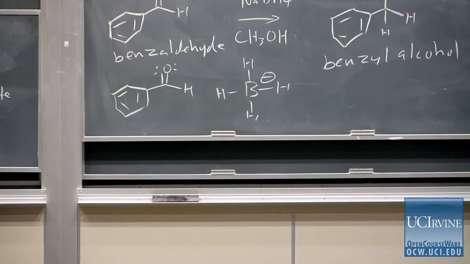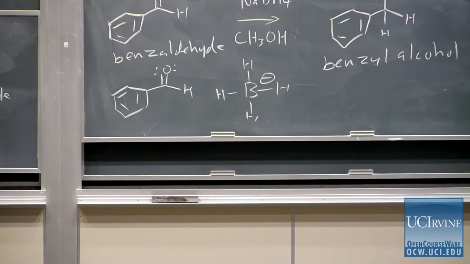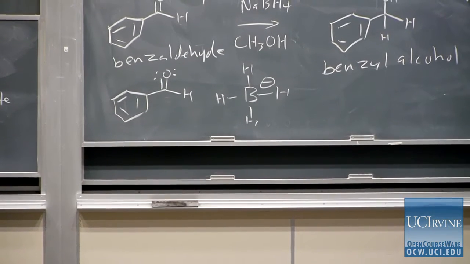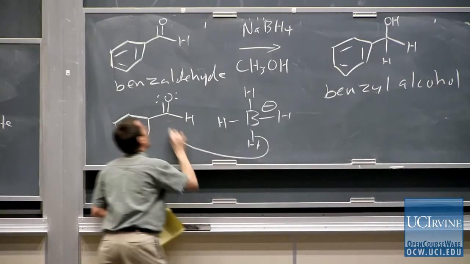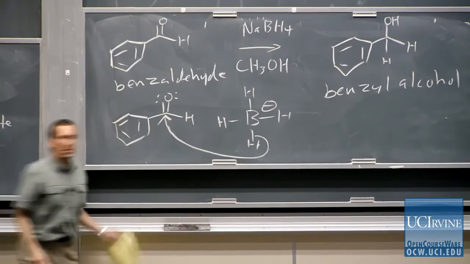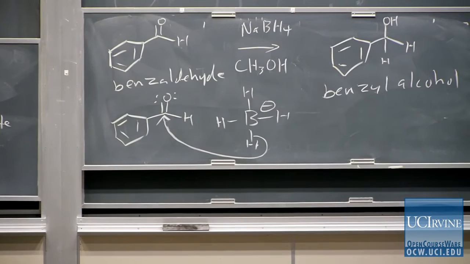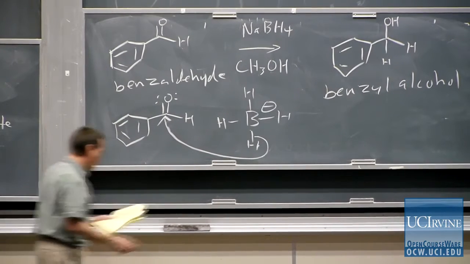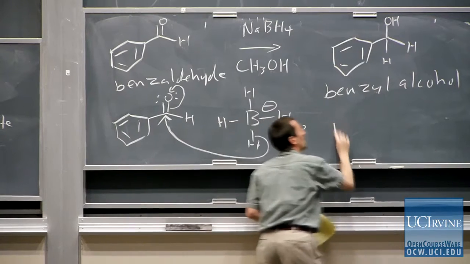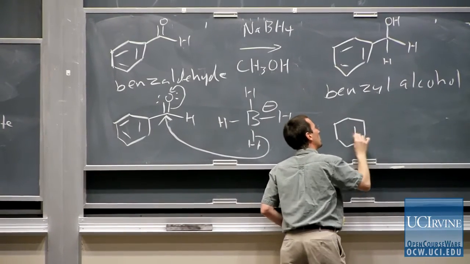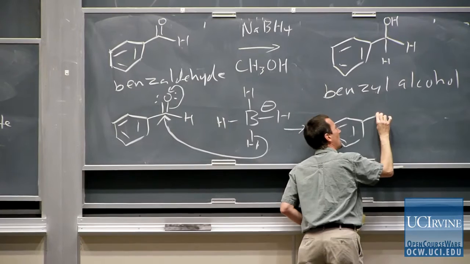It's a polar covalent bond with more electron density on the hydrogen. And so borohydride anion can transfer hydride, adding it as a nucleophile to the carbonyl group. And again, we pick up our electrons onto oxygen. And so now we get our alkoxide anion.